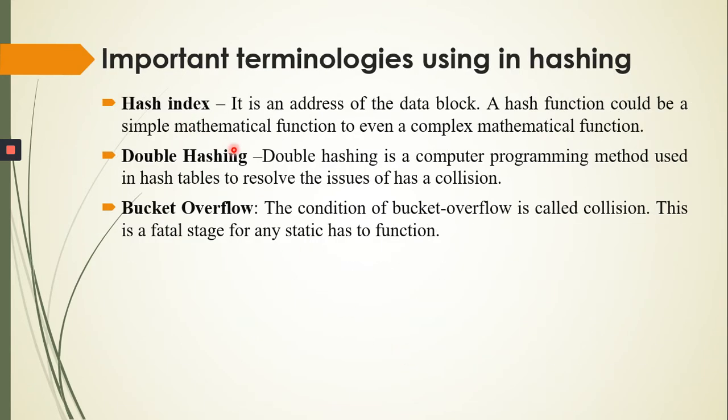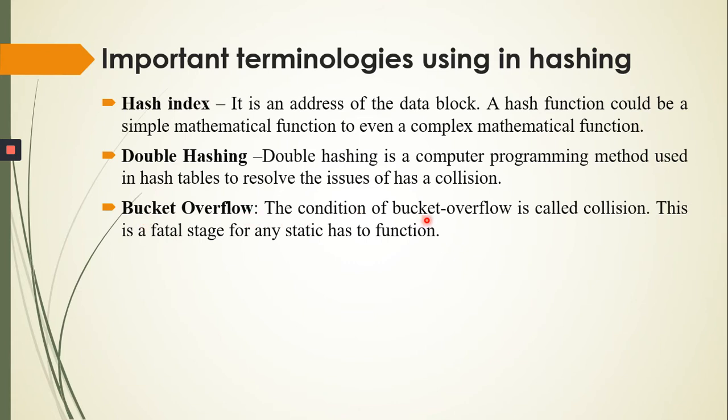Next is double hashing. Double hashing is a computer programming method used in the hash table to resolve the issue of hash collision. Hash collision means that at a particular address, multiple data are waiting to be stored. This problem is known as a collision, and double hashing is the method to solve the problem. Next is bucket overflow.